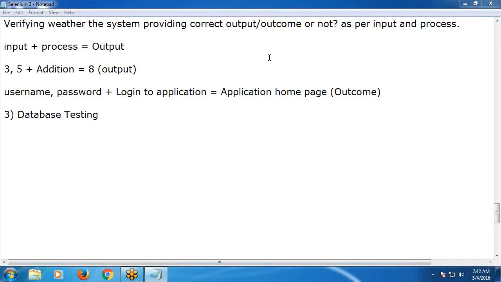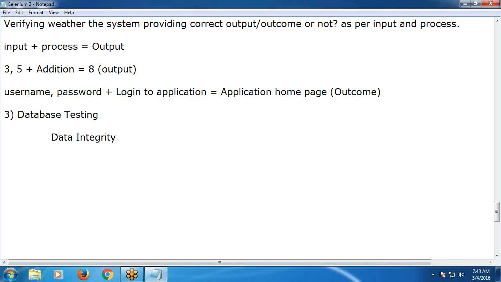Yeah. Okay. Here, observe Saloni, the important operations are data integrity.